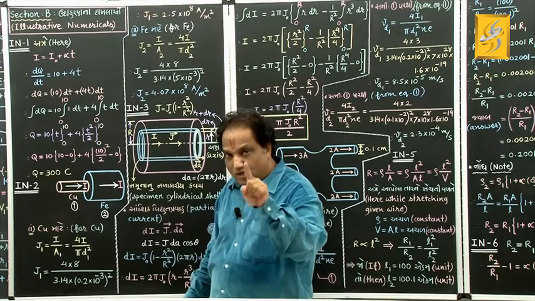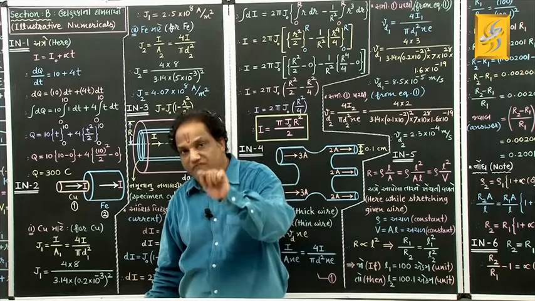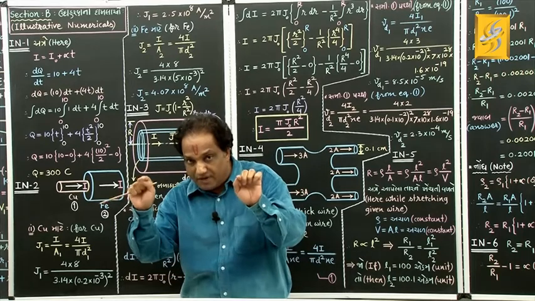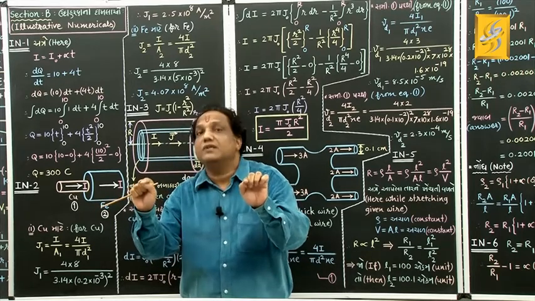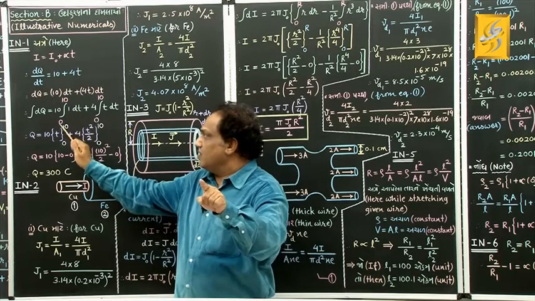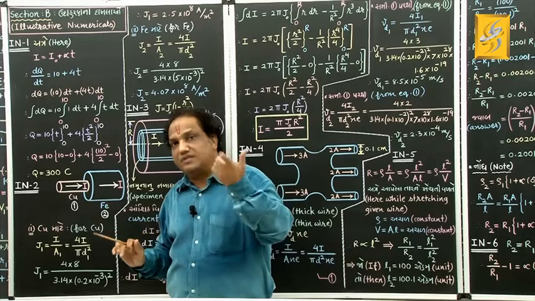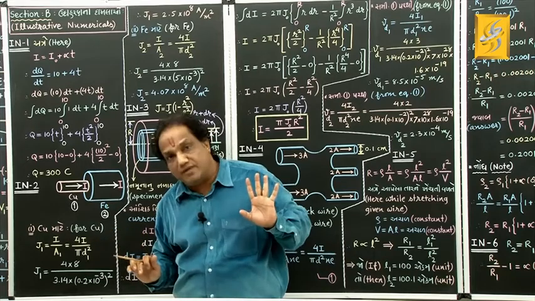But they have asked the total amount of electric charge in the first 10 seconds. In the first 10 seconds means in the time interval from 0 to 10 seconds, and you know the lower limit of integration is the smallest value of the variable and the upper limit of integration is the highest value of the variable, correct?